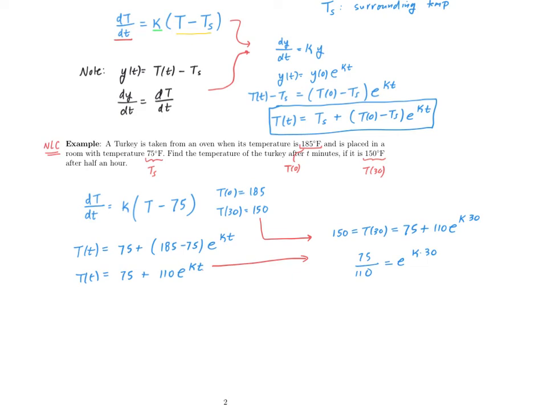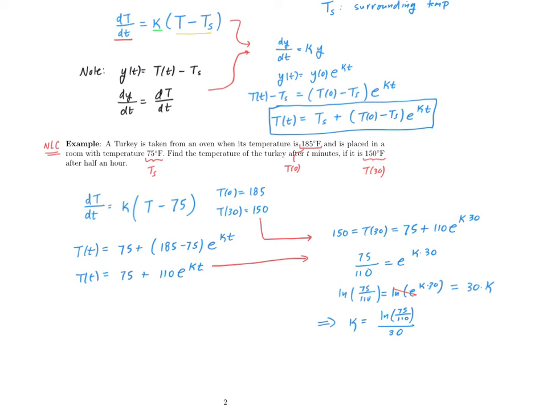So to get to that k value, we need natural logs. So note the natural log of 75 over 110 is equal to the natural log of e to the k times 30. And note in this case now the e and the natural log cancel, and we're left with simply 30 times k. So if we want a formula for k, we have the natural log of 75 over 110 on the left, and we divide by 30.